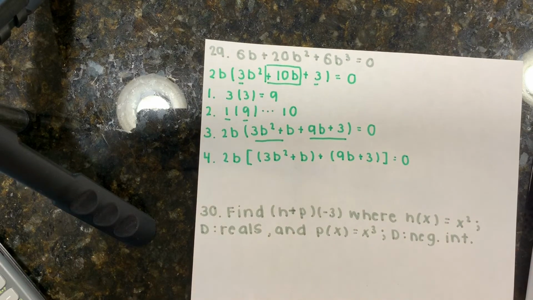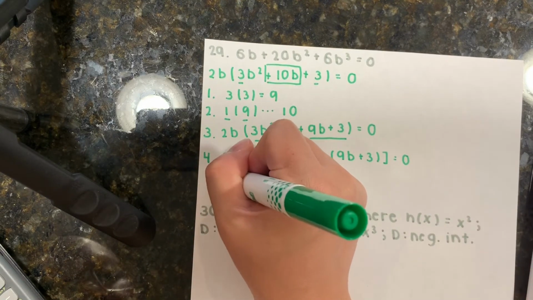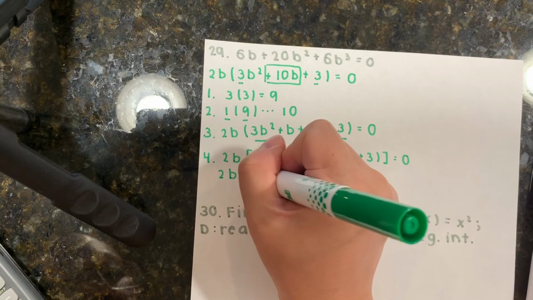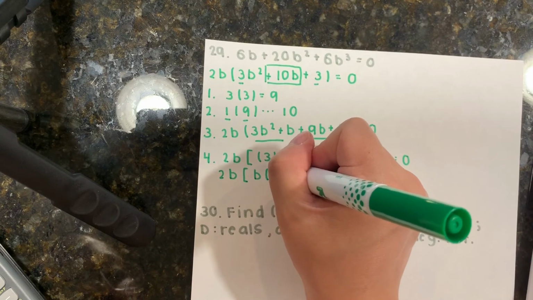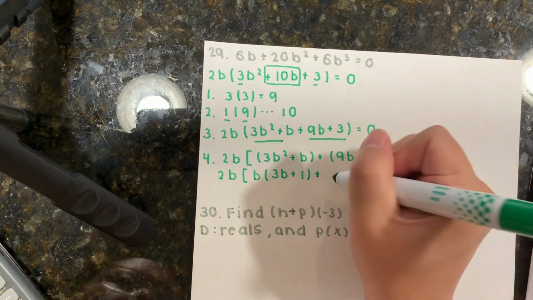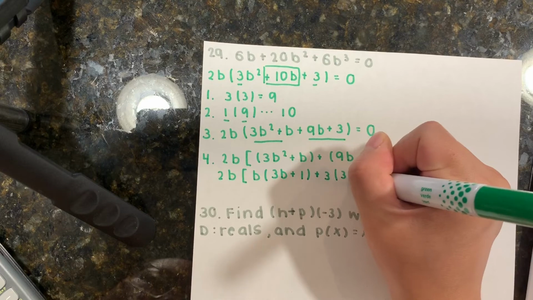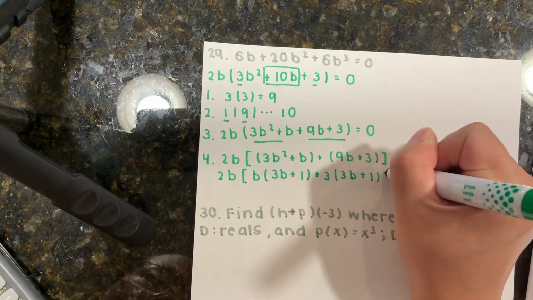Now you need to see what you can factor out of both of those parentheses. In the first one, the only thing you can factor out is a b. But that would leave me with 3b plus 1. In the second parenthesis, the only thing I can factor out is a 3 as well. So that would leave me with 3b plus 1.